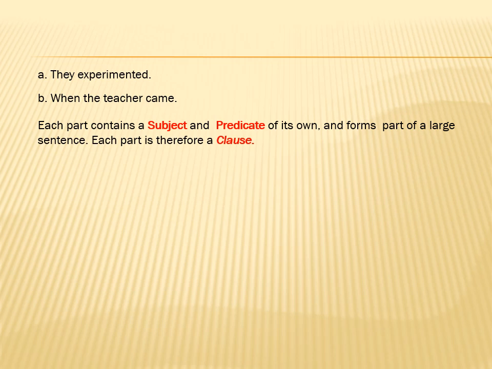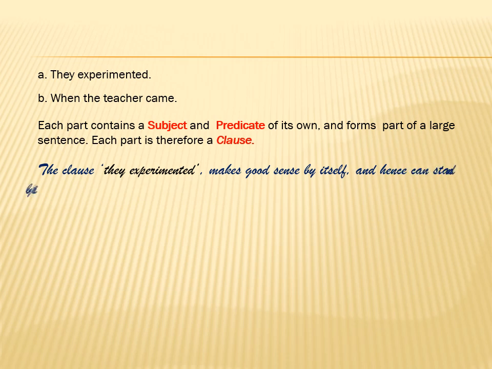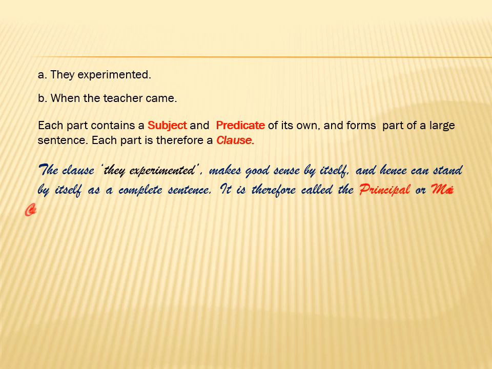Each part contains a subject and predicate of its own and forms part of a larger sentence. So each part is therefore a clause. Now, what is the difference between the sentence that was used to explain compound sentence and this sentence, which is the example of complex sentence?